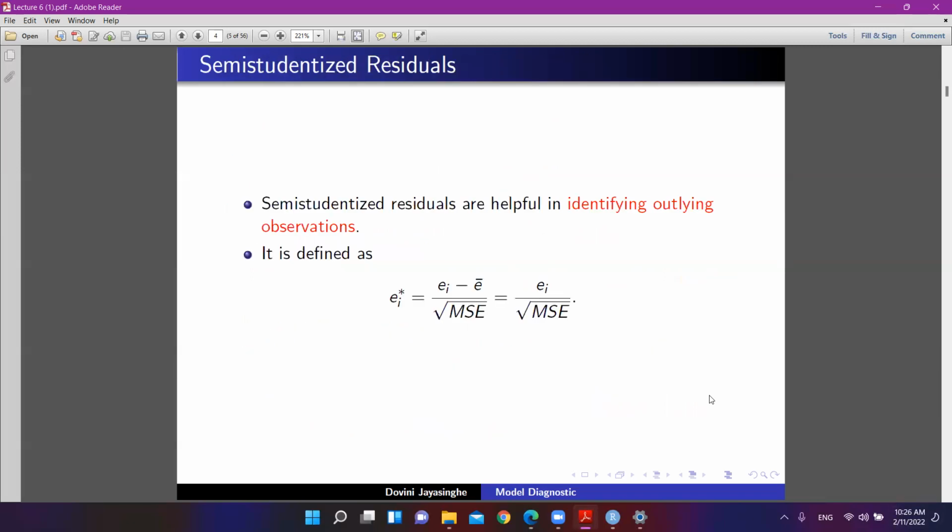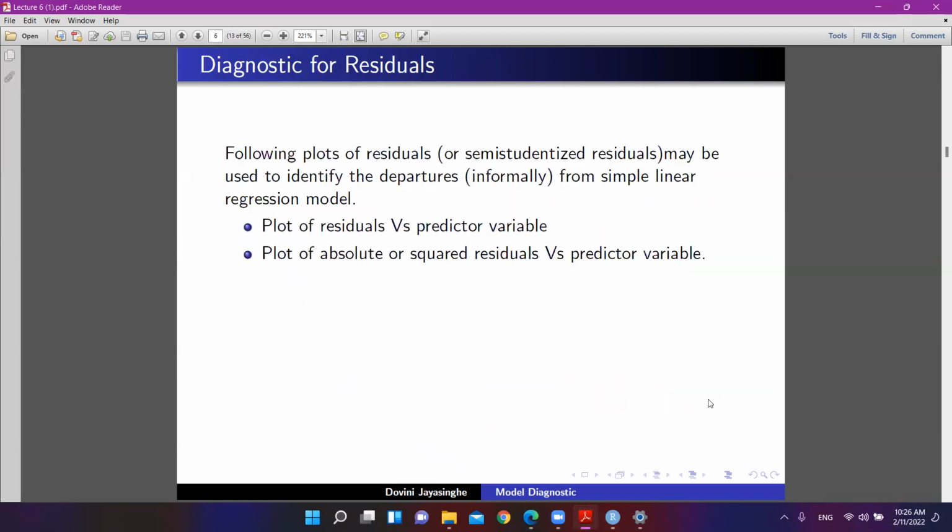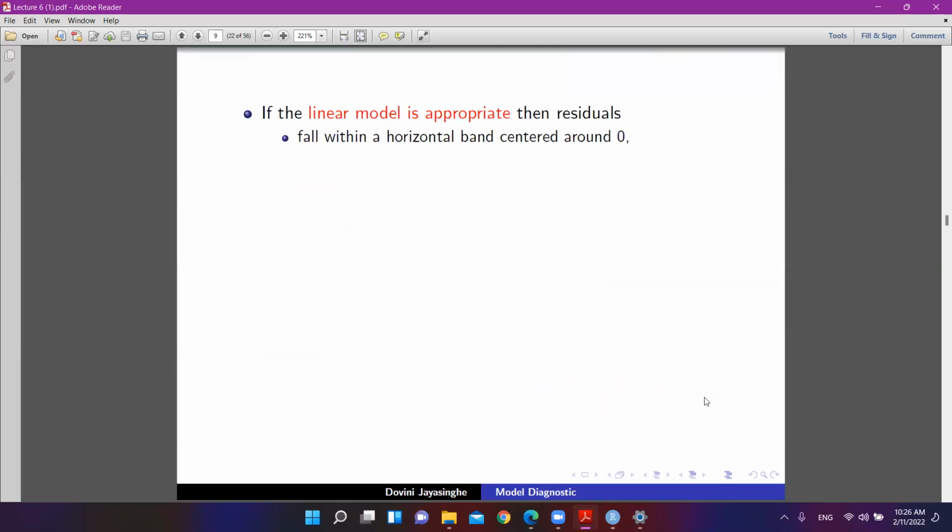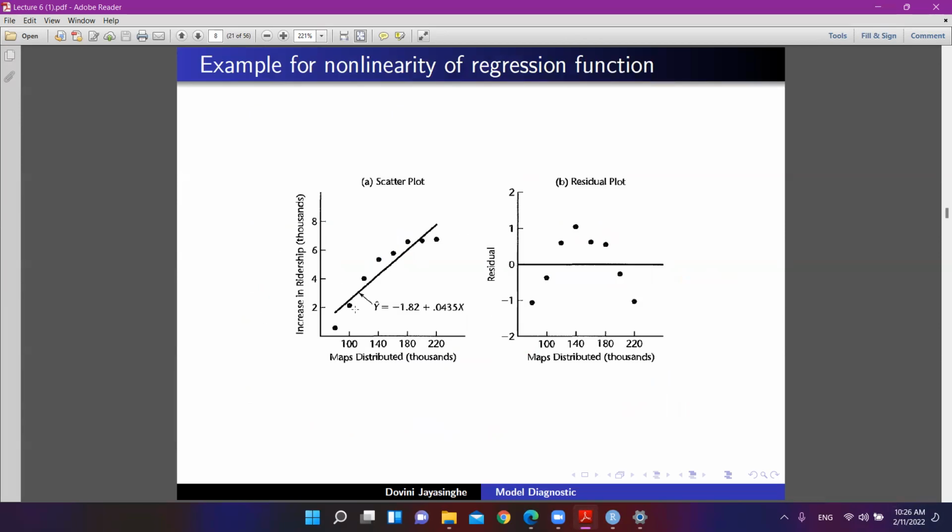So that is why we say, what is the expectation if our fitted line meets our assumption that the average residual is 0? We don't know the distribution, whether it's normal or not, but the average residual is 0, and it is a linear relationship.